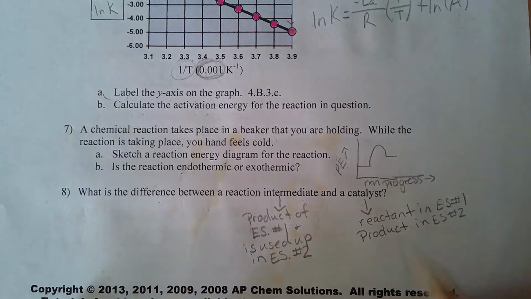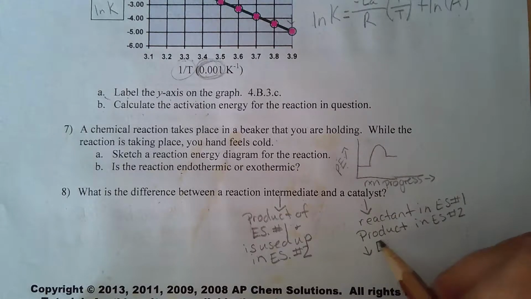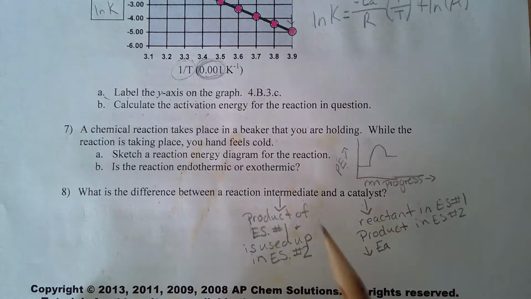We know that a catalyst lowers the activation energy, whereas an intermediate does no such thing. And we know that it's not produced or consumed by the reaction. So where it starts is where it ends.